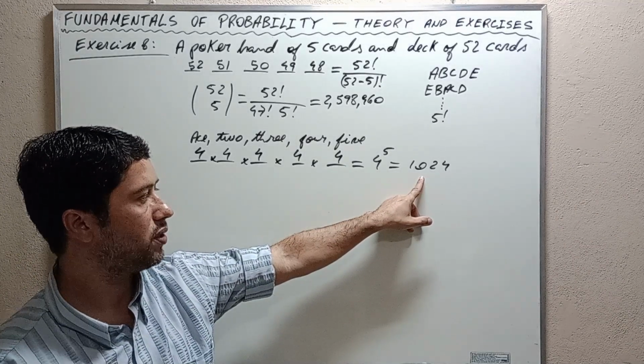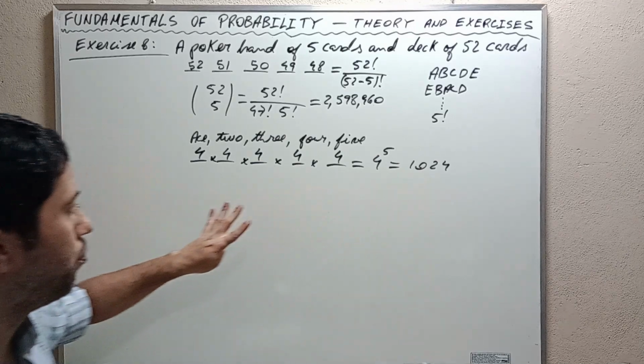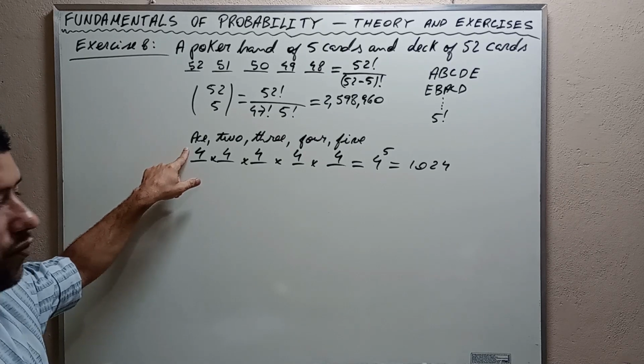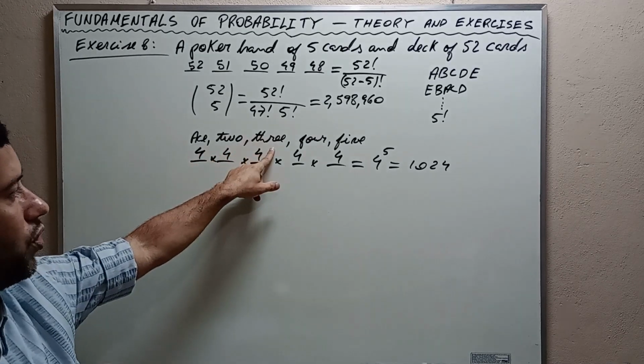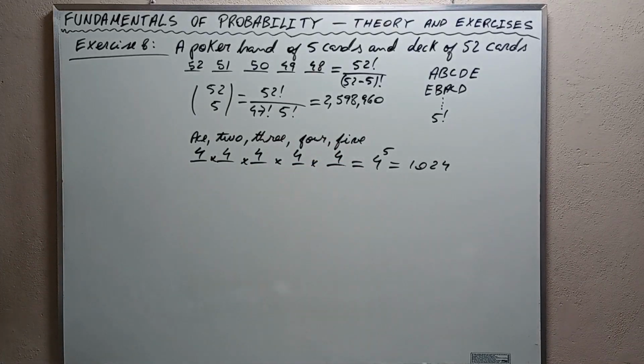Among these 1024 possibilities, there will be, for example, the ace of hearts, the 2 of hearts, the 3 of hearts, the 4 of hearts, and the 5 of hearts. And this is called a straight flush. It is not a simple straight, it is a straight flush.